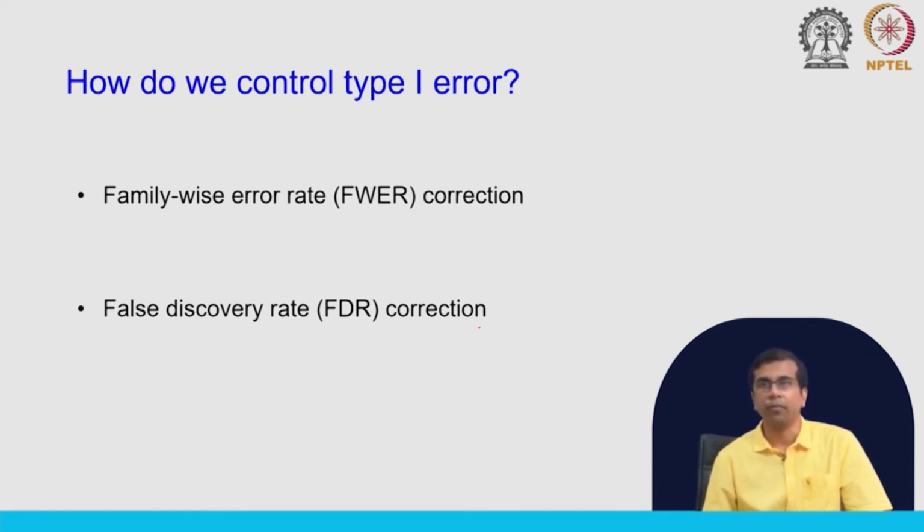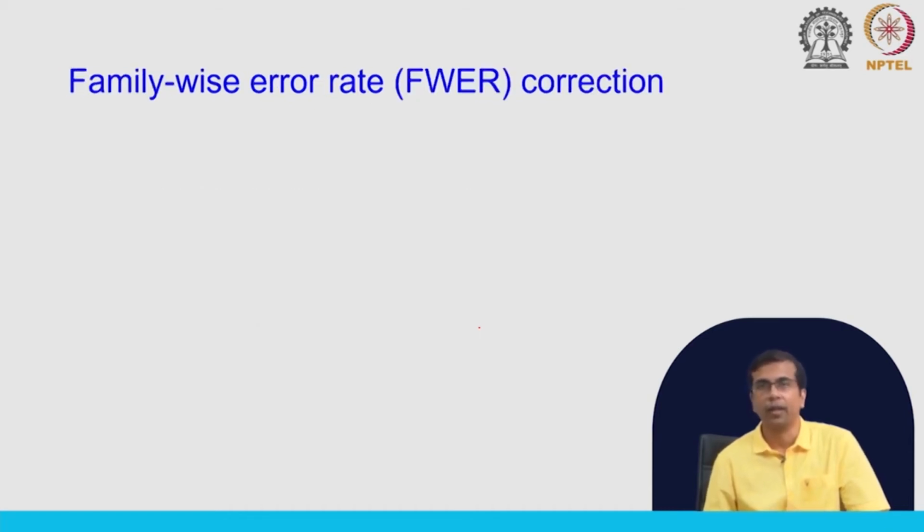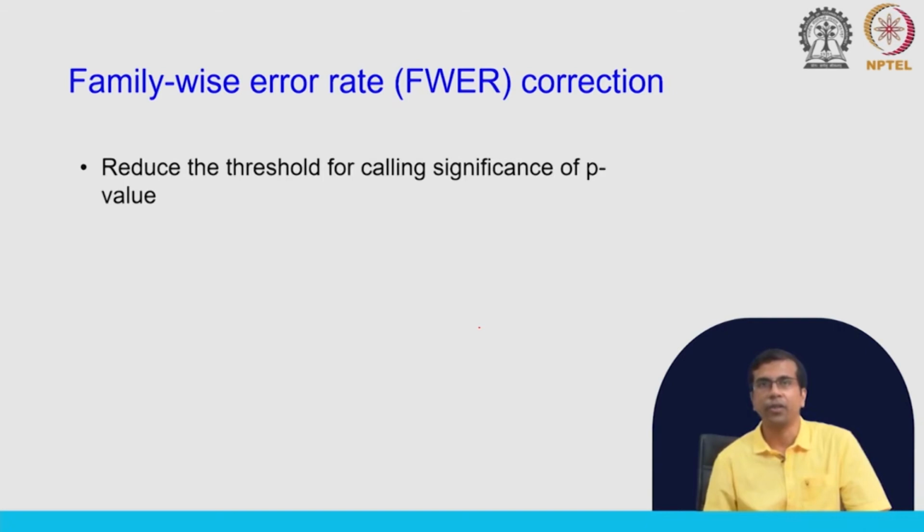So, what we will do now is talk about FWER in this class, and then in the next class we will talk about the FDR correction. These are different approaches for controlling type 1 error. So, let us start with the family wise error rate correction, FWER correction. The idea is actually very simple here.